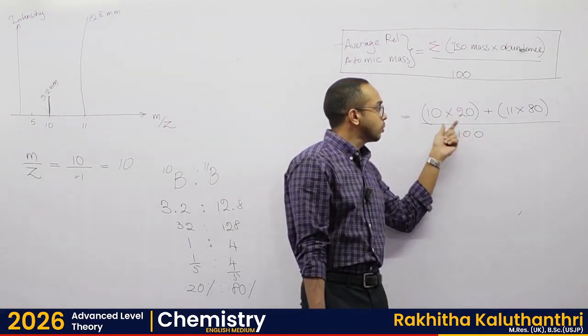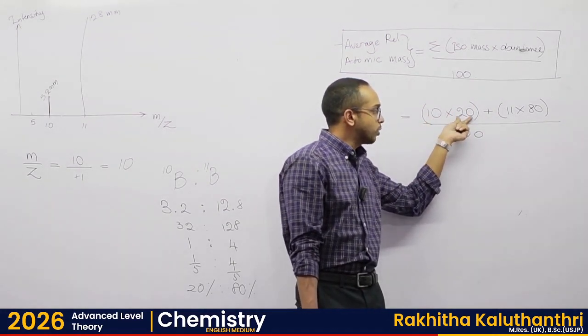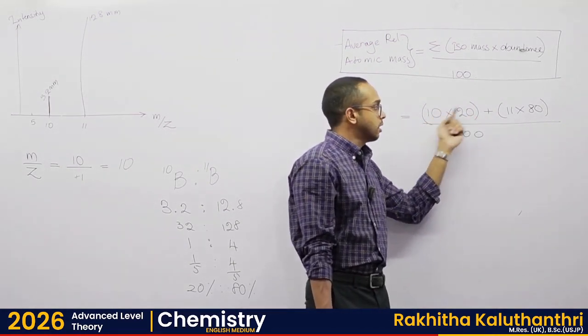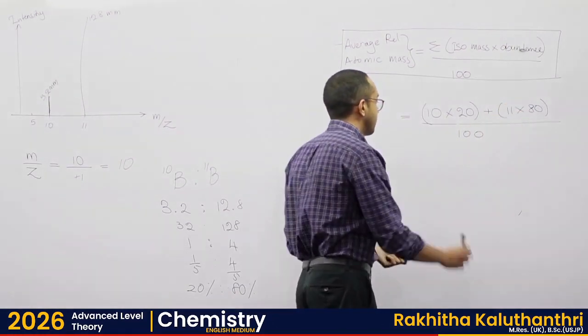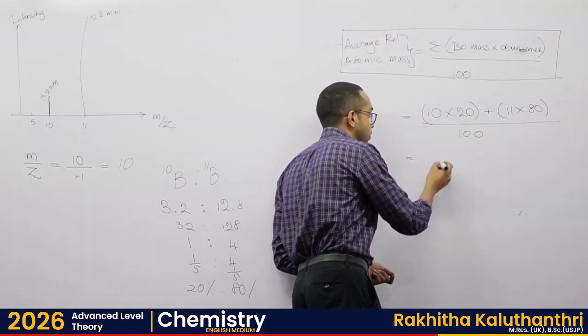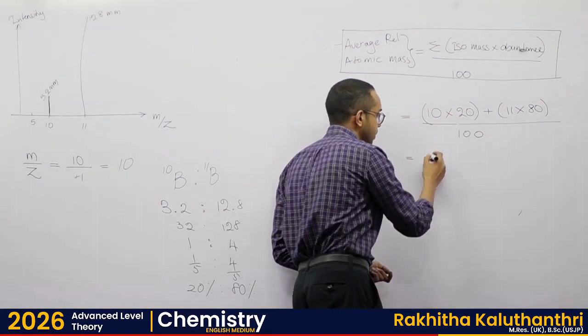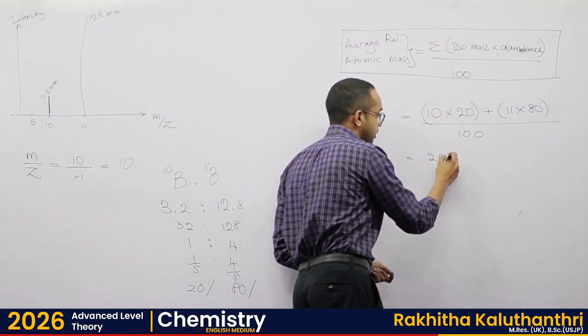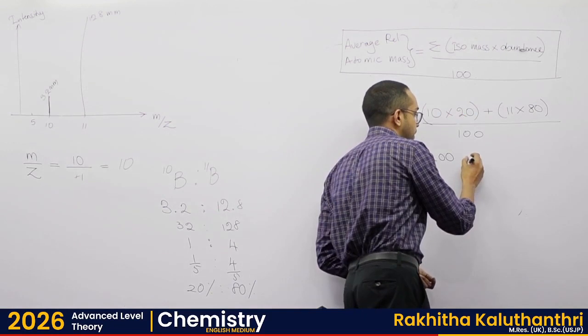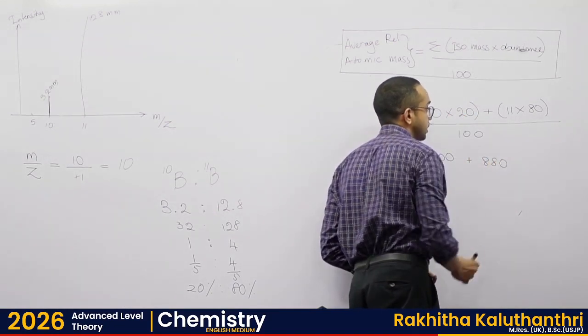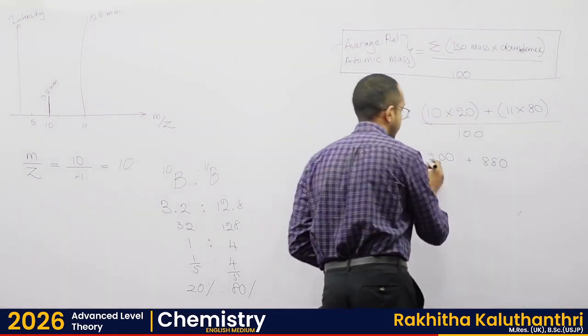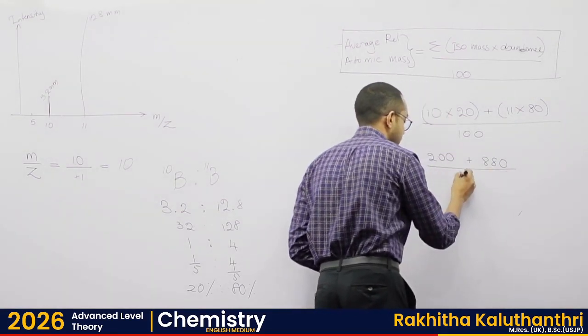Right? So 10 multiplied by 20%, then you write just 20 here. 11 multiplied by 80%, you just write 80 there, and then divide by 100. You are getting to this answer. We have 200 here, and over here we have 880, right, divided by 100.